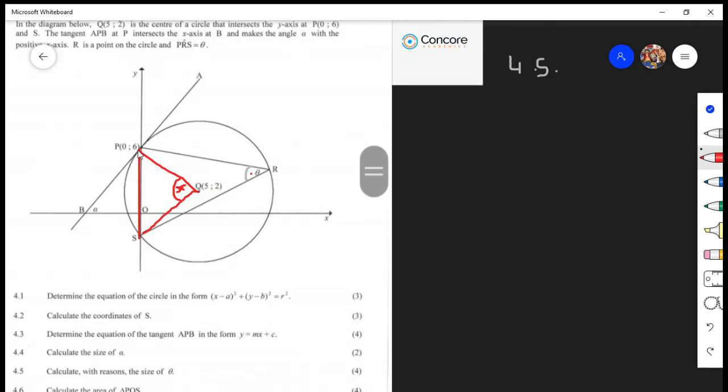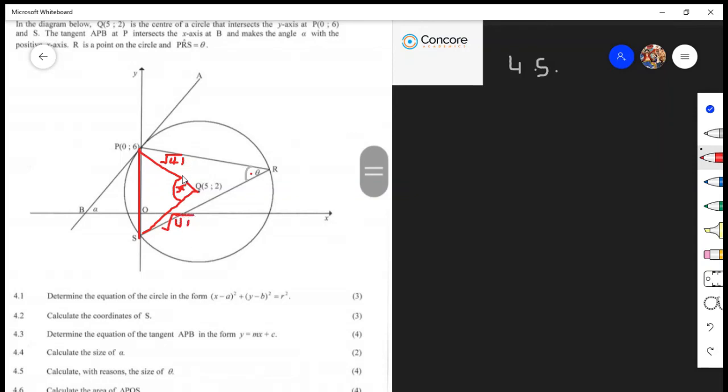I think it was the root of 41. Okay, so it was the root of 41, so this would also be the root of 41. So we've got two sides. Now we need the third side.